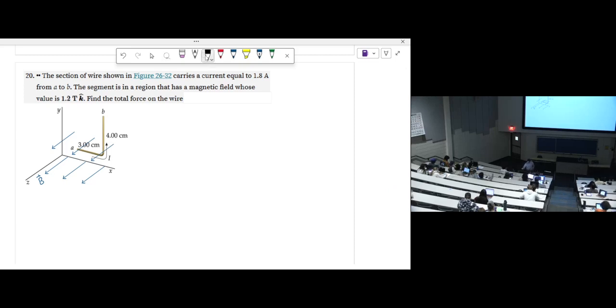So we said last time that the force on the wire is going to equal I times L crossed into B, where L is the length of the wire times the direction of the current.